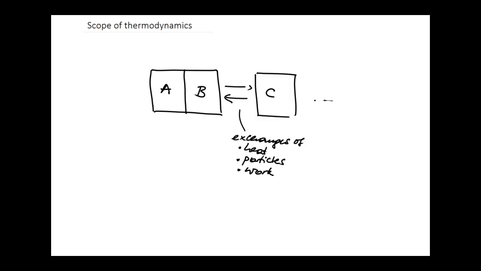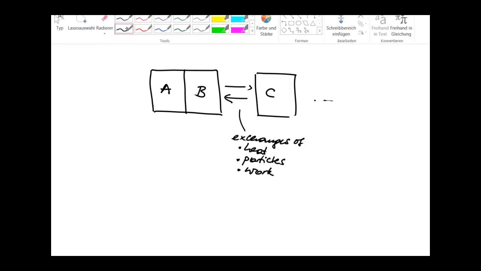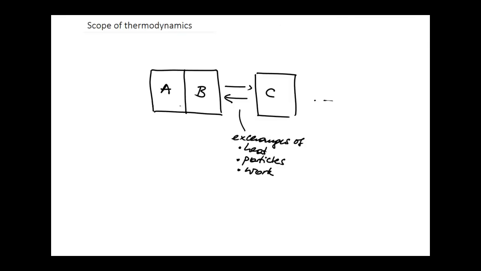You can have barriers between systems. You can have here, for example, the systems A and B. They are separated by a barrier or a wall. Such barriers or walls, they impede the exchange of all these resources, so heat, particles, and so on.